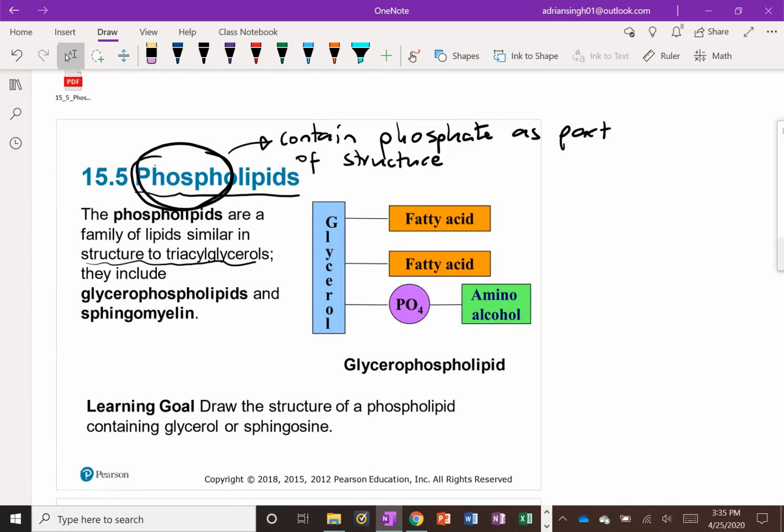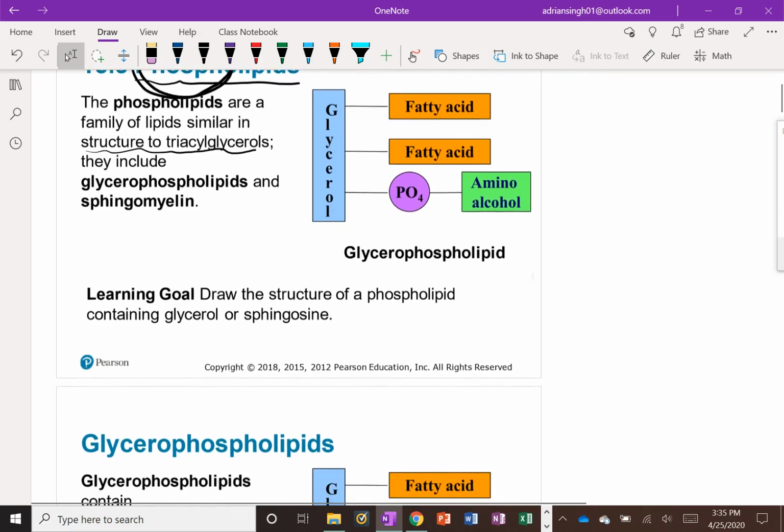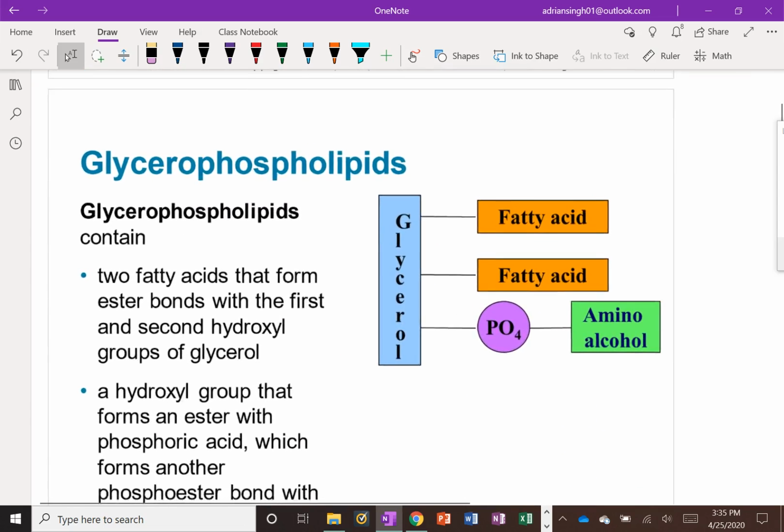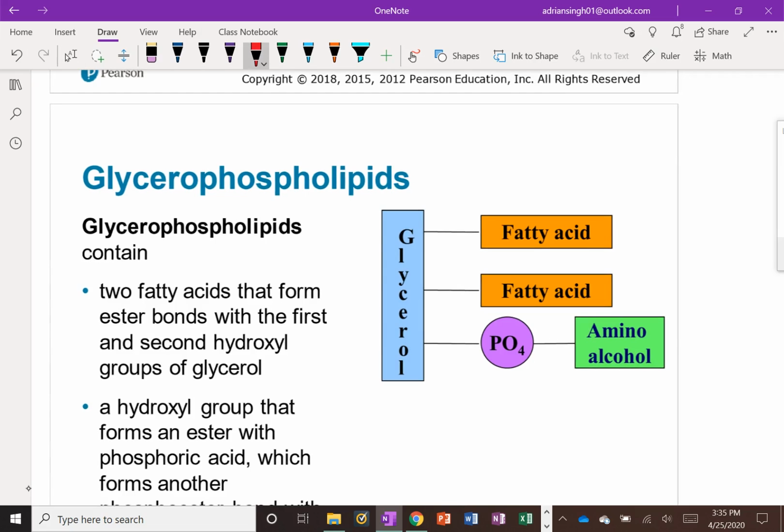So the names that we're going to talk about here may sound really, really big and confusing, but if you break it down into the different parts, they will make a little bit of sense, or maybe a lot of sense. So the first one here we're going to take a look at are known as glycerophospholipids, right? And again, if you look at the name, they belong to the family of lipids. Okay, now we know what the phospho part of it means.